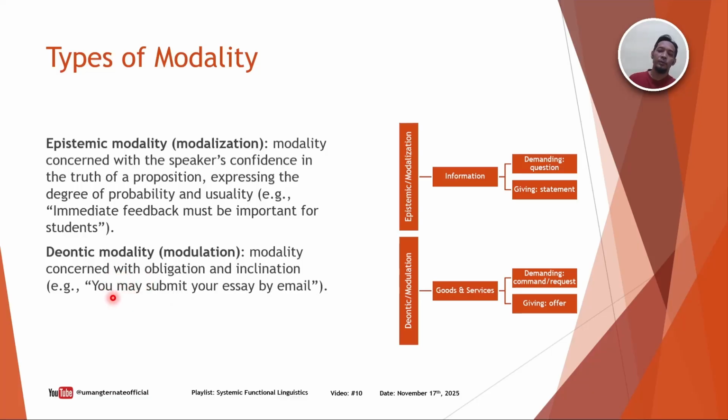Okay, so this is actually an offer because it gives permission to students to choose the way to submit his or her essay. Okay, so what we can conclude here is that the epistemic modality is associated with the exchange of information. Okay, and meanwhile the deontic modality or modulation is associated with the exchange of goods and services.